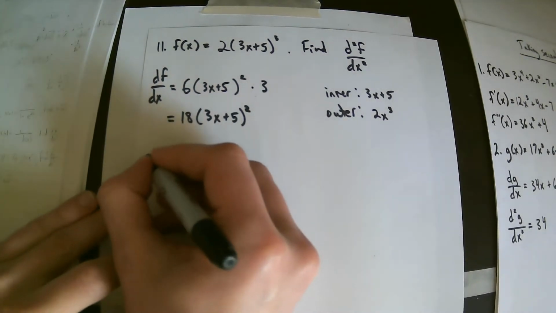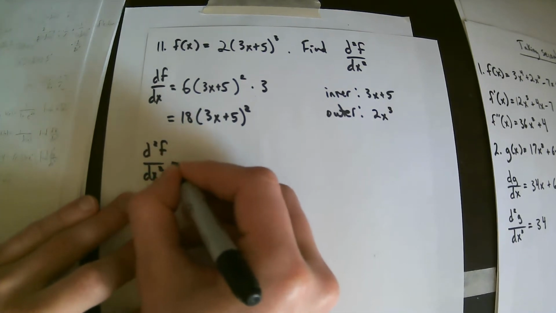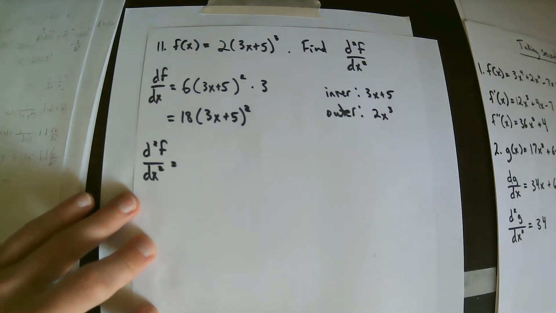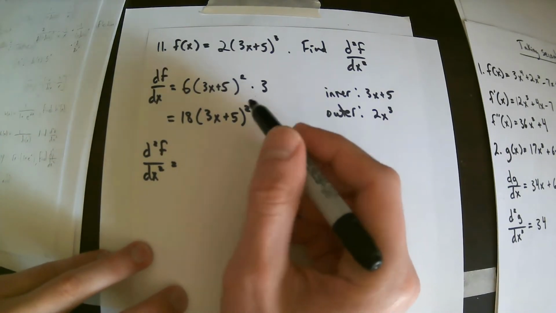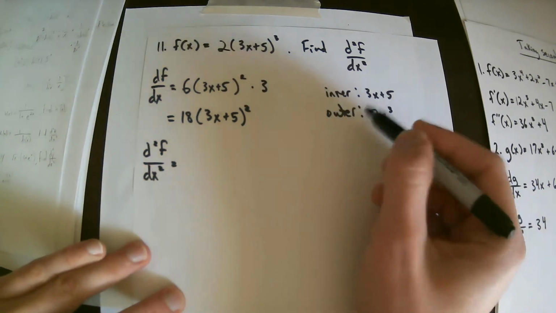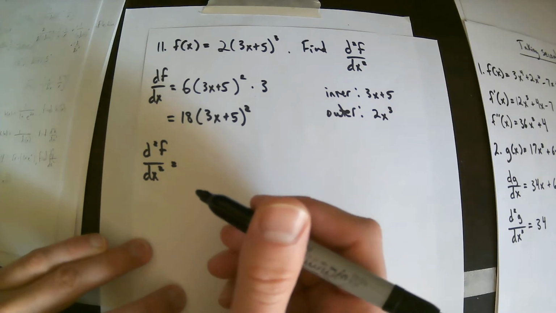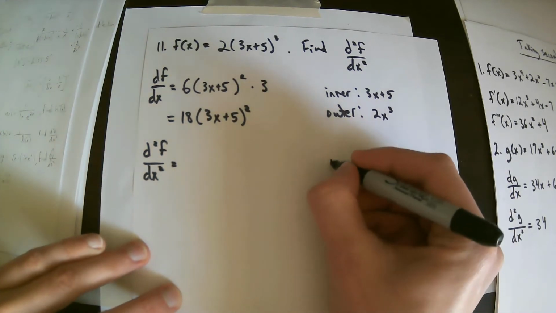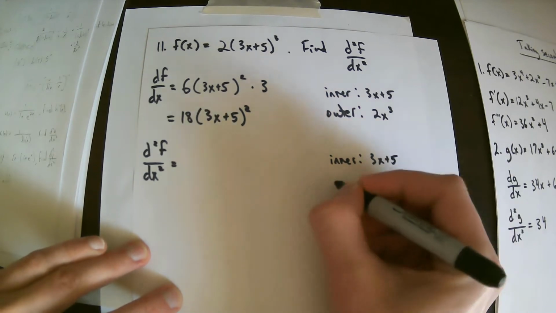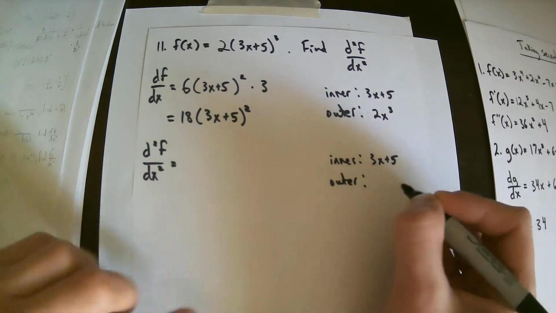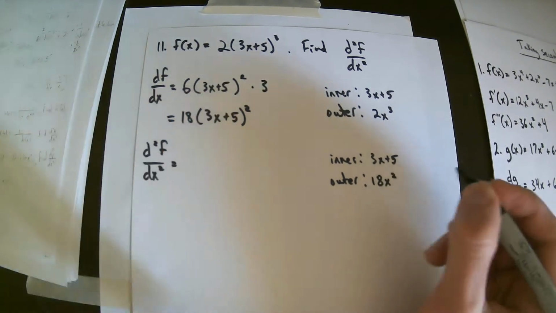Now the second derivative is going to be a similar thing. We could reestablish what the inner and outer function are, but sure, we can do that. The inner function is still 3x plus 5. The outer function, replacing 3x plus 5 with just an x, is 18x squared.